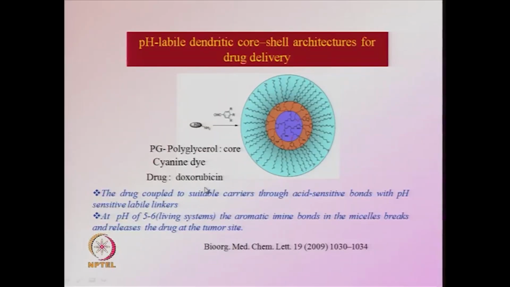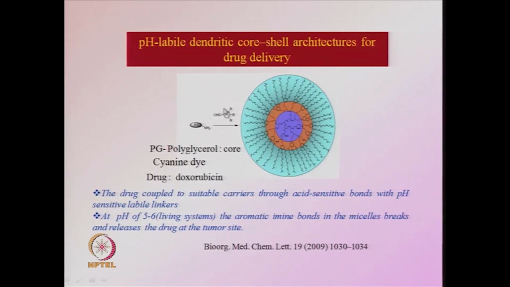So, this is planned as a combination of a polyglycerol moiety. So, you have a polyglycerol here which is amine functionalized, and you have this aromatic aldehyde with 3 long alkyl chains. Now, if you combine these two, then you get a structure like this, where these 3 alkyl chains are seen.